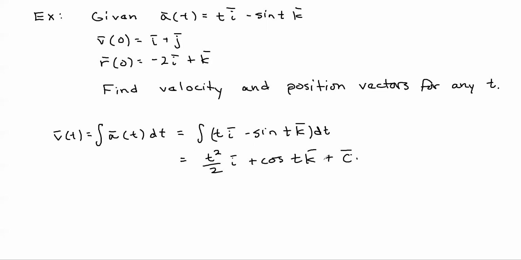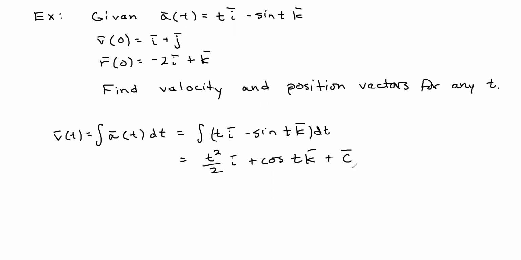Just to mention, the plus c here is a vector c. What does the plus c represent when you're finding an indefinite integral? It represents the constants that would go away if you took the derivative. The antiderivative of ti minus sine tk is the function that you would differentiate to get ti minus sine tk, with this plus c representing any potential constants.